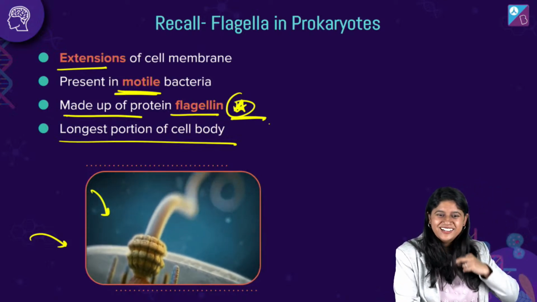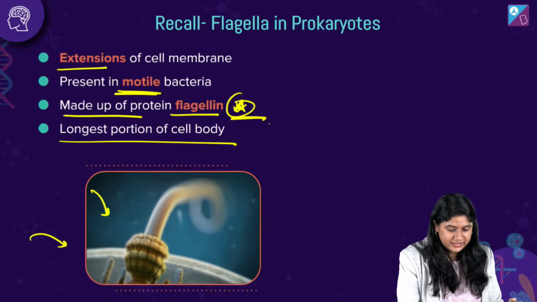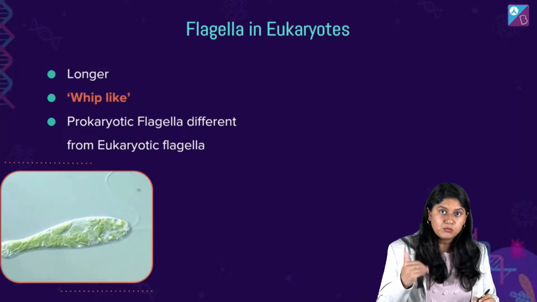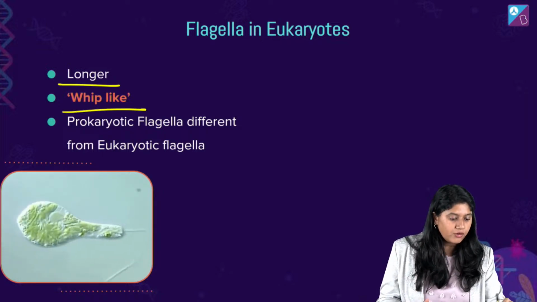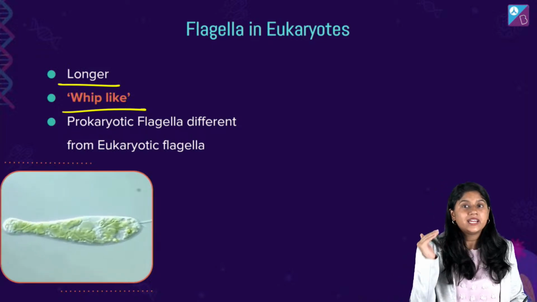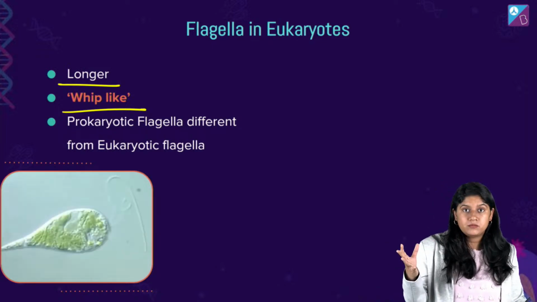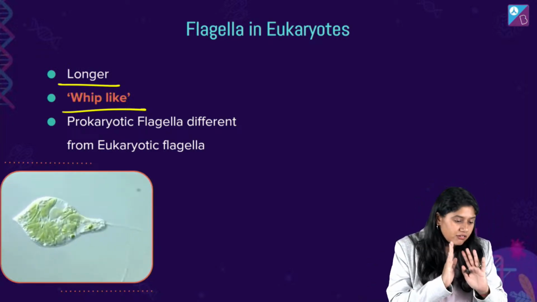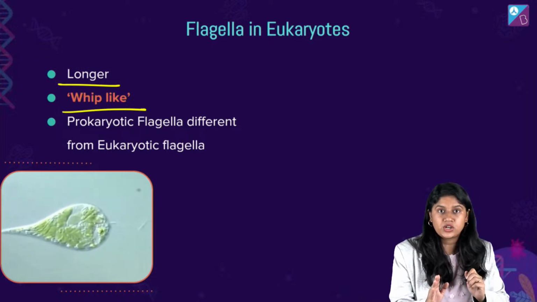Okay, let's move ahead and quickly recall more about the flagella. They are longer, they are whip-like structures, but the movement happening here is only movement, right? It is not pushing any medium. The way cilia were pushing things backward to go ahead, flagella are not doing that. They're just moving straight forward.